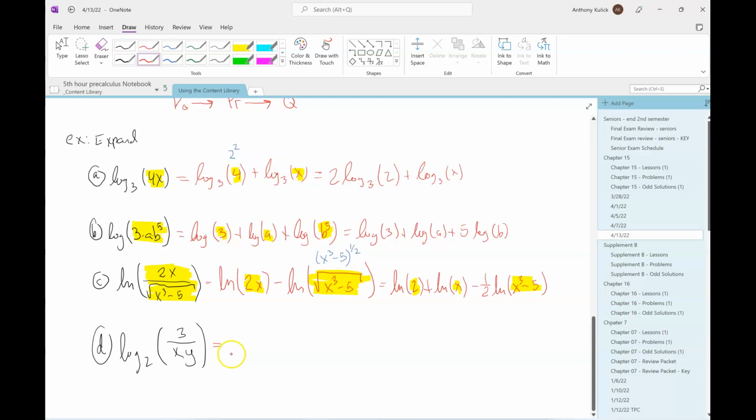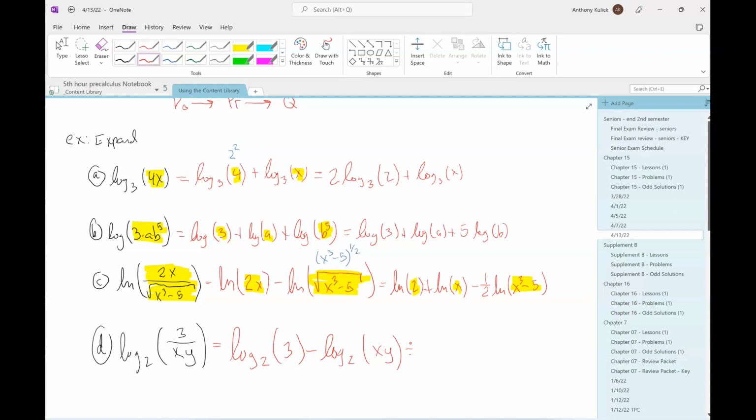Quotient. How do I rewrite this after using the quotient property? Log base 2 of 3 minus, good, log base 2 of xy. Great. Everybody feel good there?